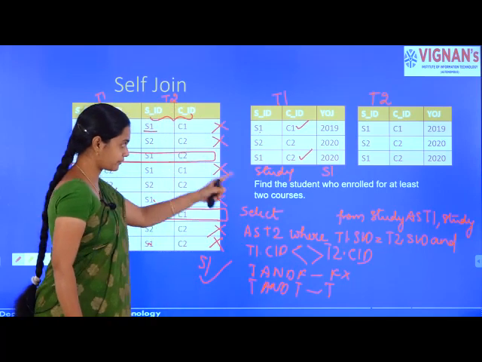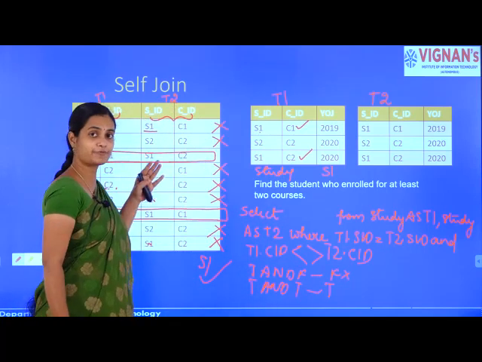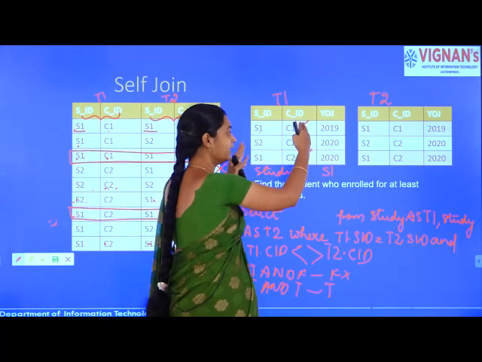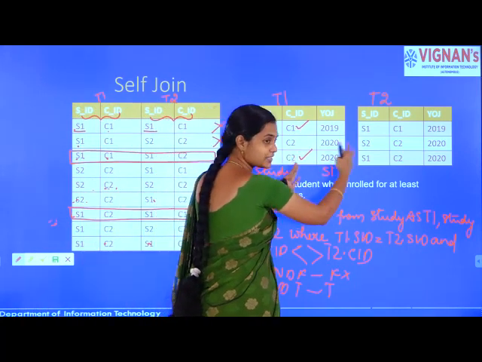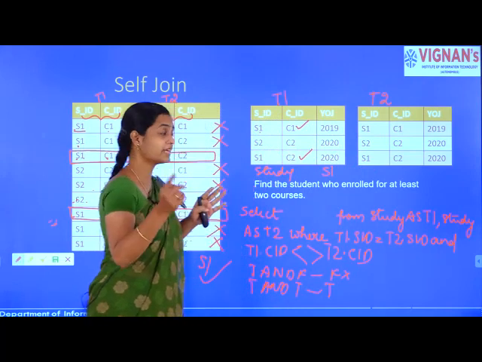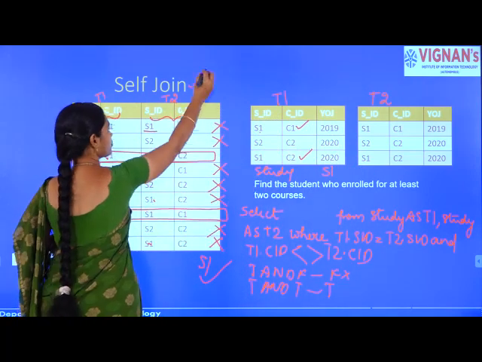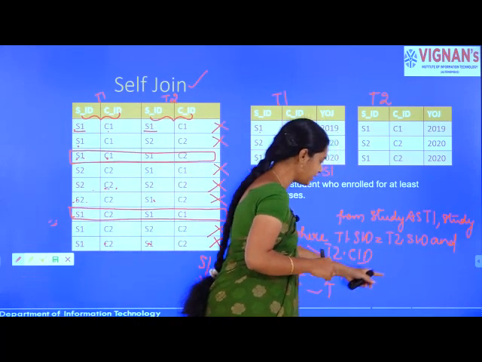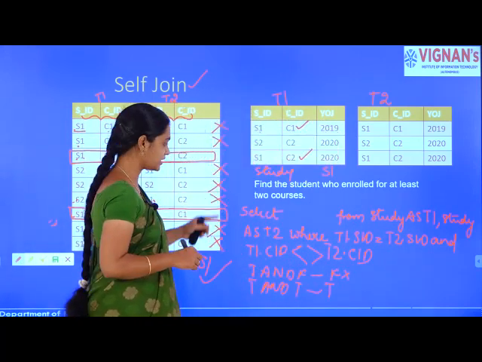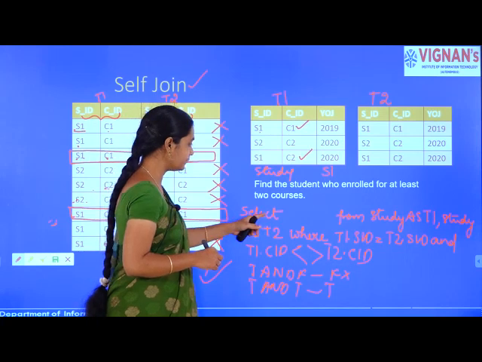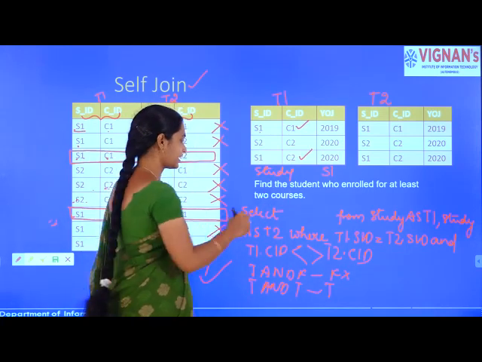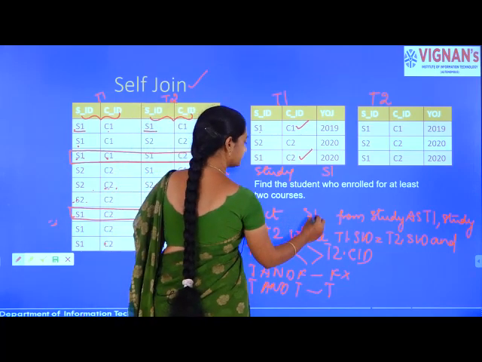Okay. So if we have examples like this, if you want to join a single table twice or any number of times, then we have to make use of this self join. So instead of writing this entire thing, what do I need to write? Now what do I want to select here? I need to select the student. Can I write simply SID?